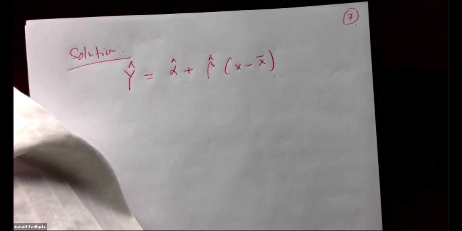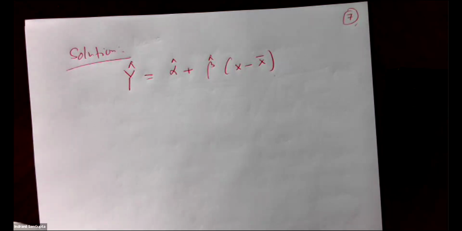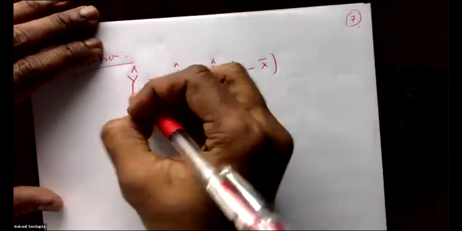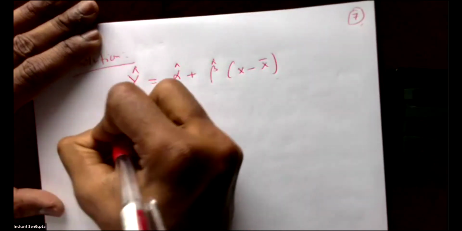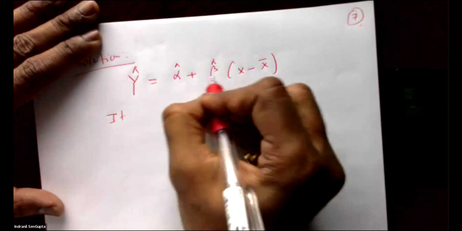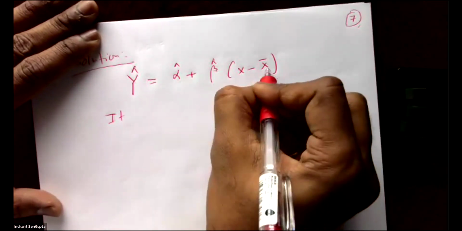Now, we have already seen how to compute alpha hat, beta hat, and x bar, right?